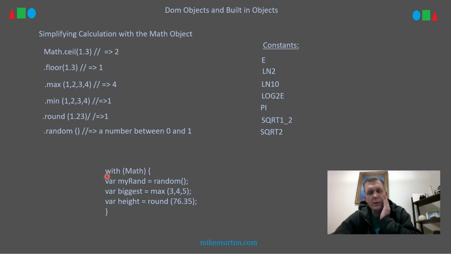Then there's the with keyword. If we had a lot of variables to declare and we had to use a lot of the math methods, we wouldn't want to write math every time.